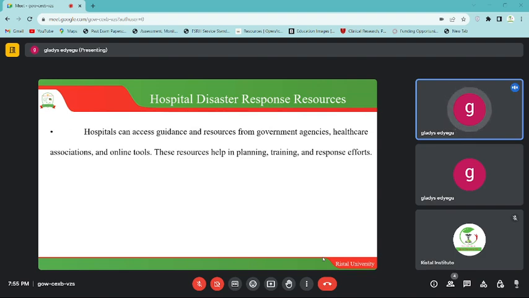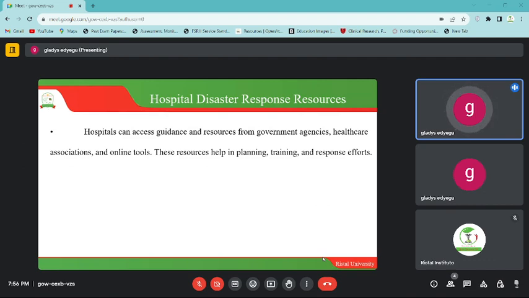So hospitals can actually access guidance and resources from government agencies, because in disaster response, you cannot do it alone as a hospital, or as an individual, or as a government or a community, but you always have to seek guidance from different stakeholders, from different authorities, from different ministries, so that we can be able to appropriately address our disasters. So hospitals can access guidance and resources from the government agencies.